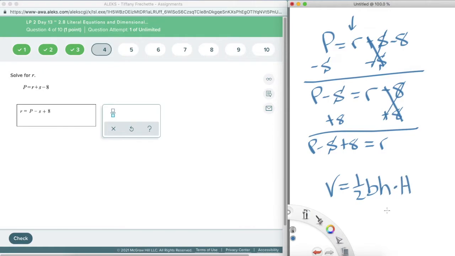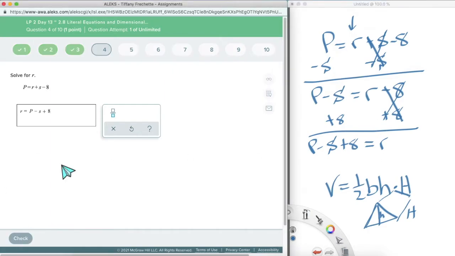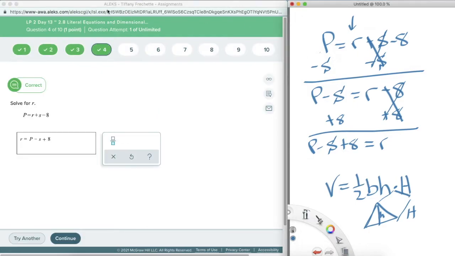And so one is the height of the triangle, like this, and then one is the height of the actual prism if we were to draw this. So this would be the height of the entire prism, and this small h would be the height of the triangle. So be very, very careful about switching your capitals, okay? Because that will change your answer on some of those.